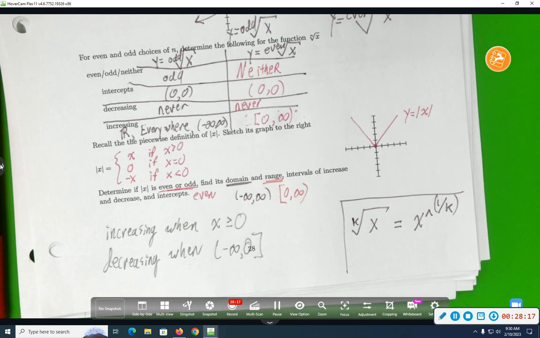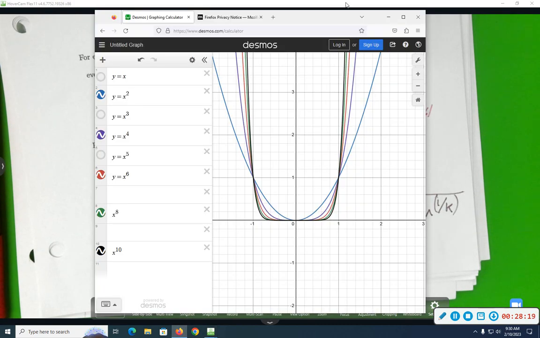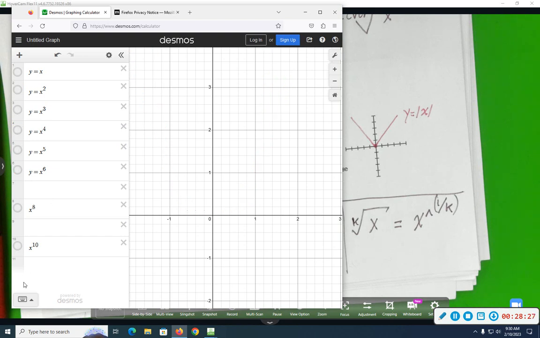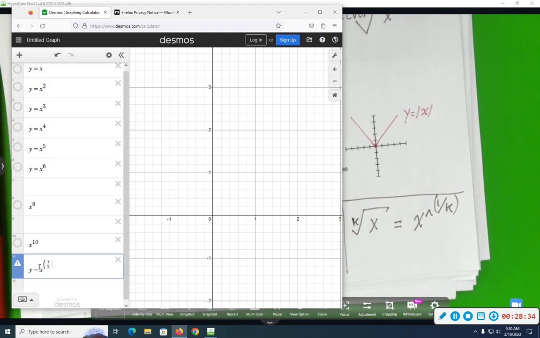And you know what? We have access to a computer graphing tool. Let's use it. Let's pull up these graphs. Square root function. That looks about like what we said the square root function should look like.